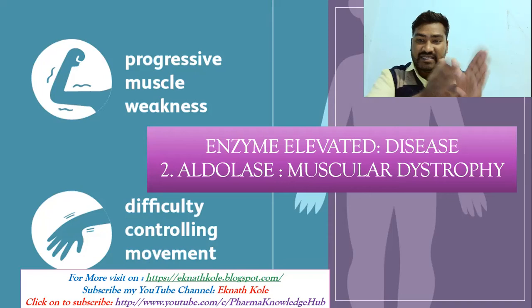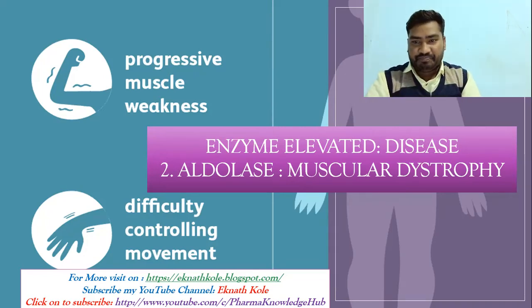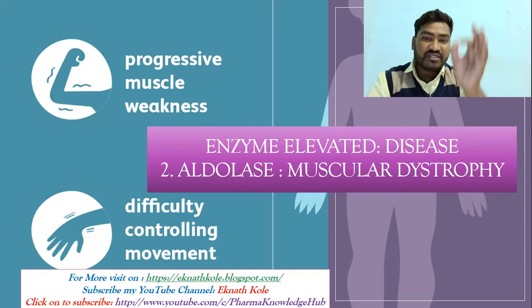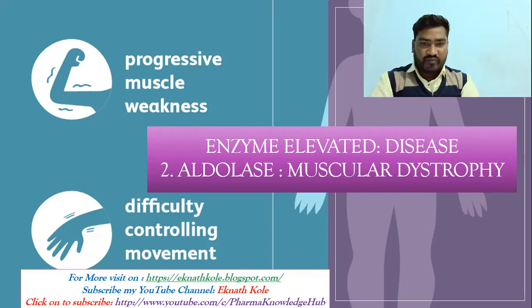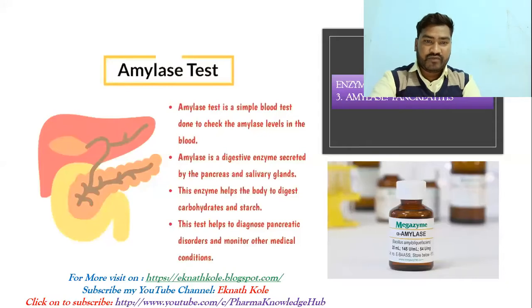So if the aldolase is increased or elevated in our body, it indicates that the person is having muscular dystrophy.